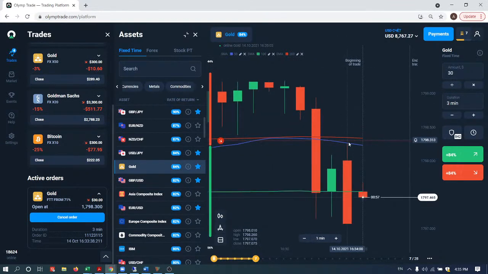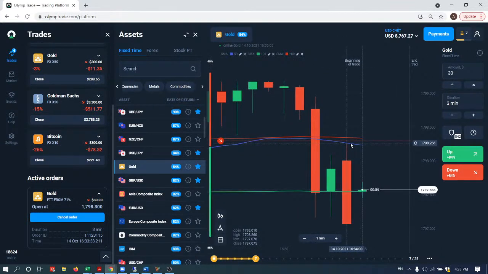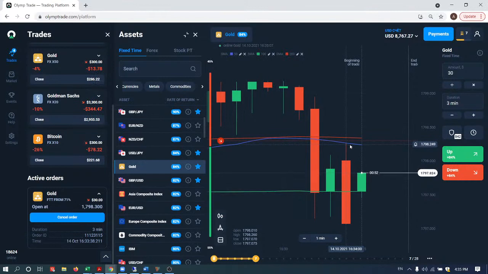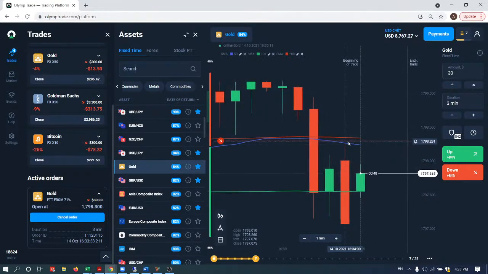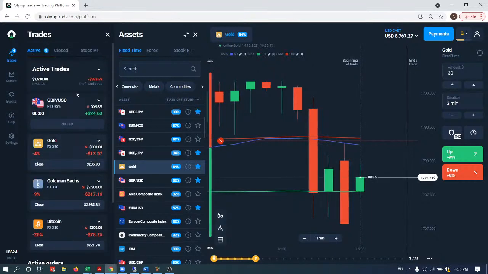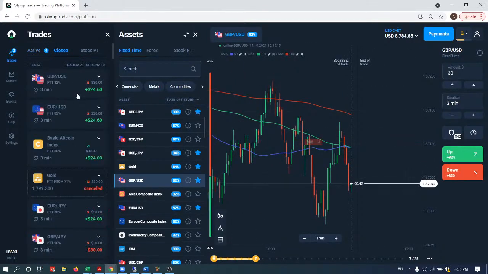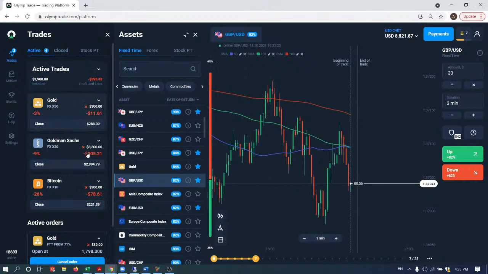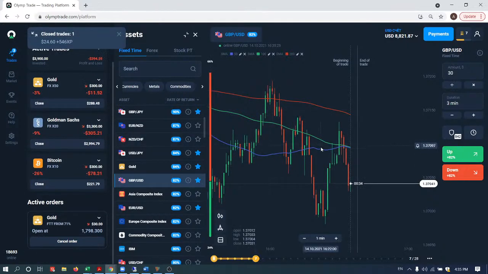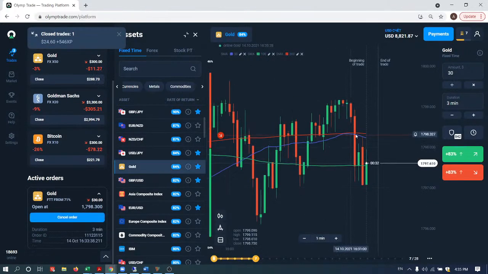Now, okay, so once again, my pending order didn't get triggered. And GBP USD closing in the money. All right, so finally in the last minutes of the webinar, I have a winning sequence of trades.